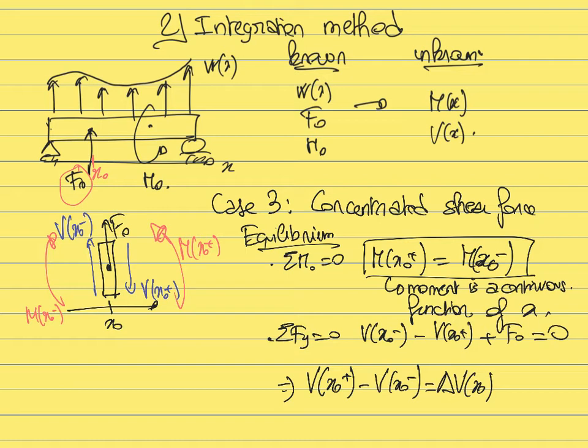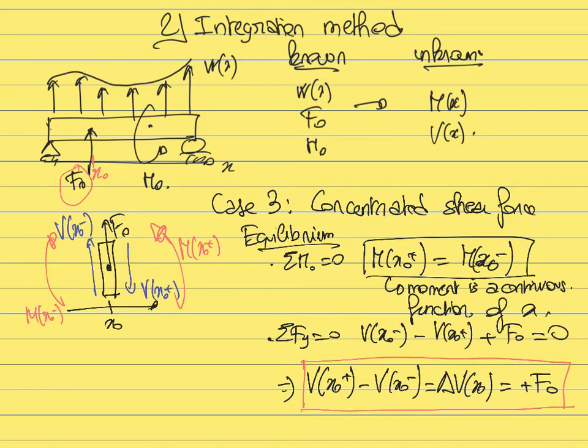And if I look at the previous relationship that I got, the difference between the internal shear on the right minus the internal shear on the left is going to be equal to plus F naught. So in this case, this is another important relationship.